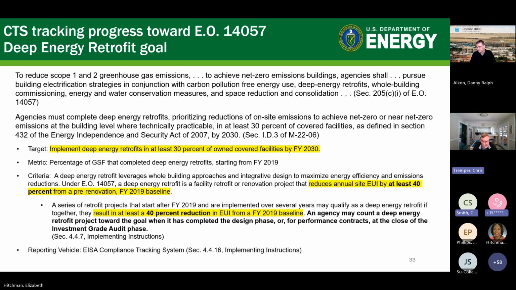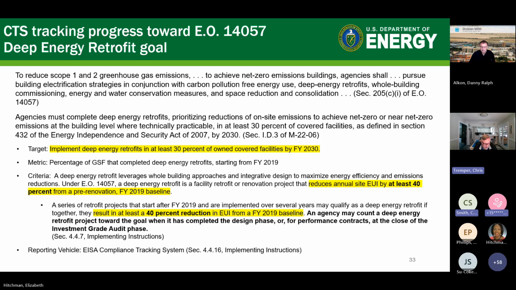In this case, as long as you're reporting in CTS on that awarded project, you can get immediate credit for the estimated energy savings you're expecting from that project, and it gets tracked towards that goal. And if you are far enough along in project development, if it has completed the design phase, or if it's an ESPC and you're already past the investment grade audit phase, you can enter that information into CTS and get credit for that project as well.